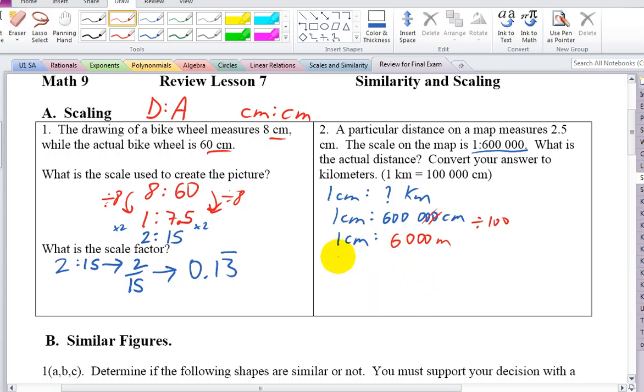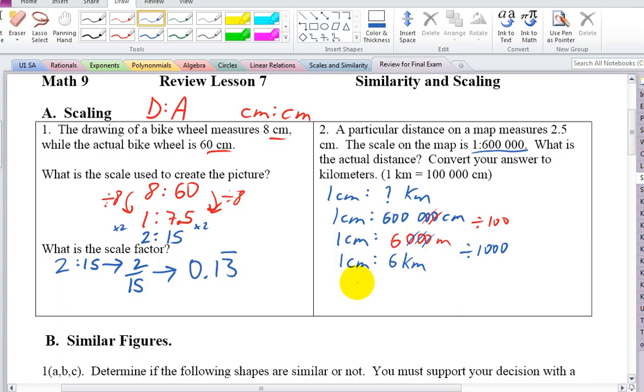meters. Then when we convert meters to kilometers, we divide by 1,000. So that crosses off the other 3 zeros. So we have our scale, 1 centimeter represents 6 kilometers of actual distance, real world.